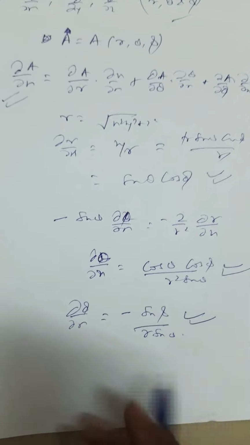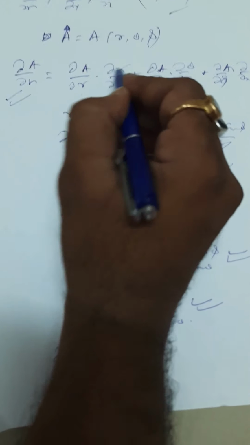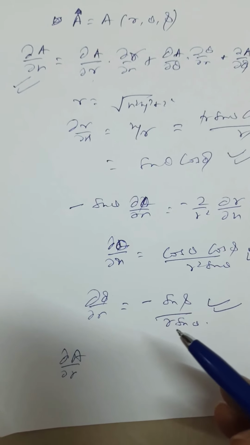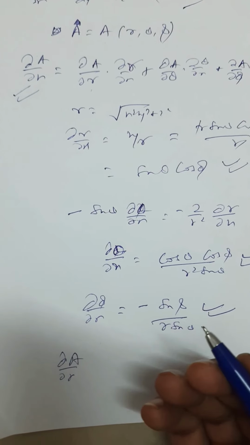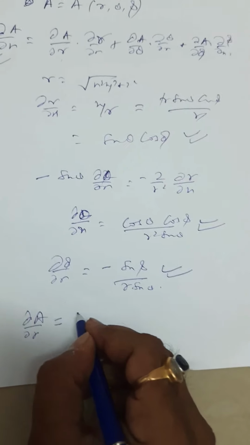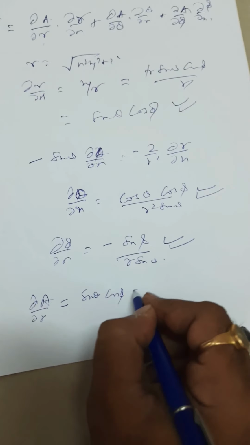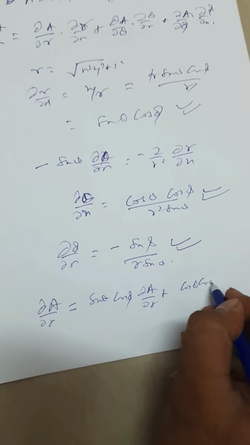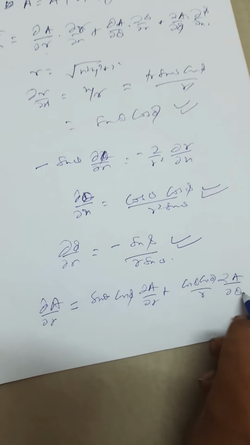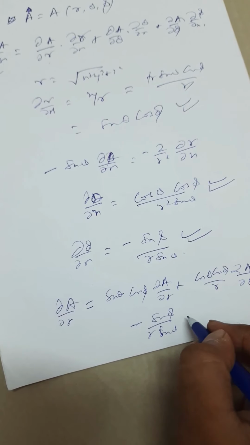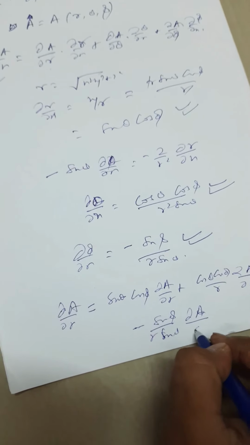Ultimately we can find del a by del x by substituting these values, and we get del a by del x equal to sin theta cos phi del a by del r plus cos theta cos phi by r, again del a by del theta, minus sin phi by r sin theta into del a by del phi.